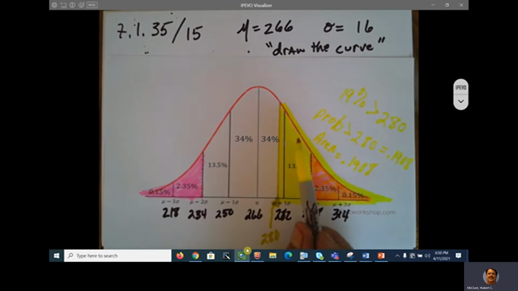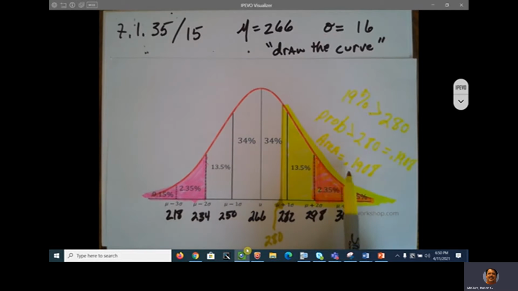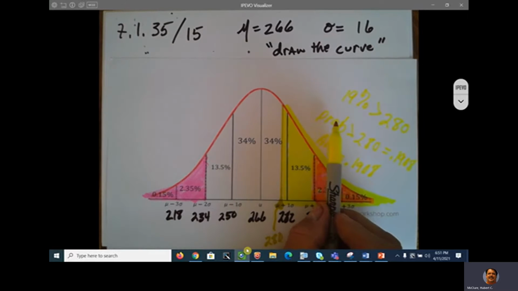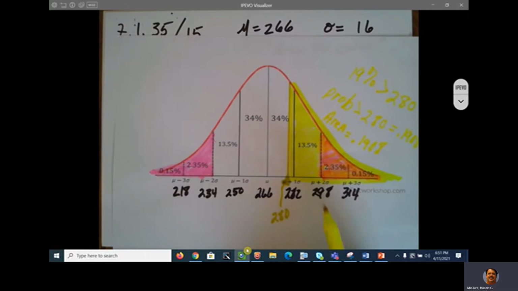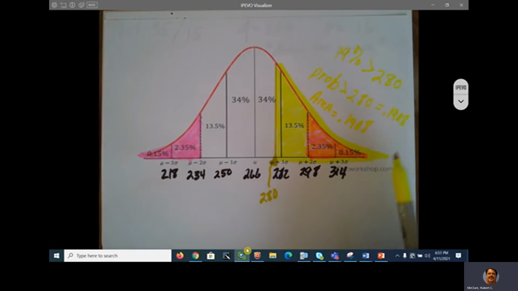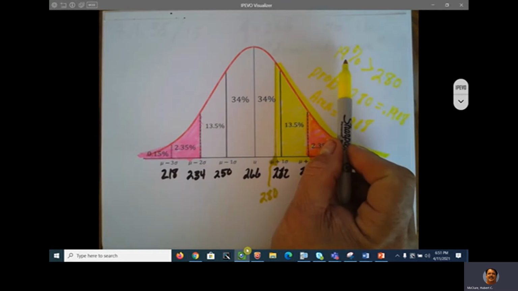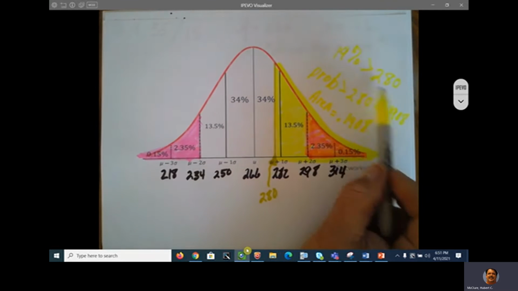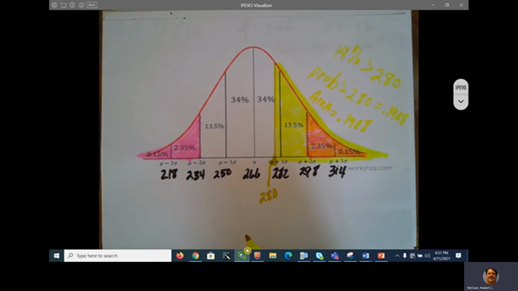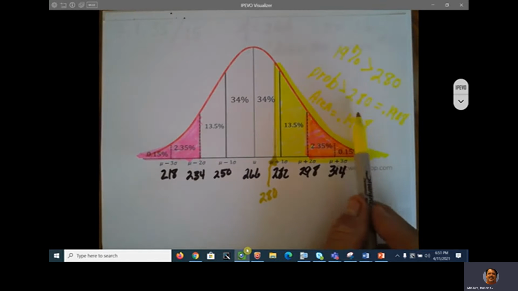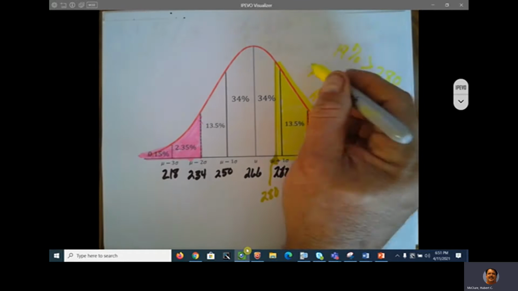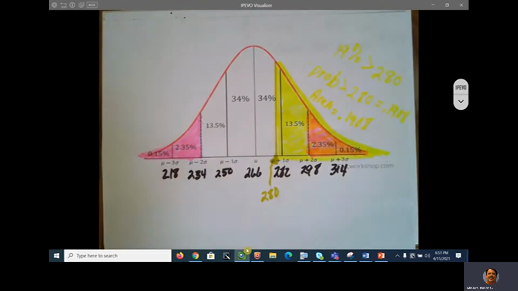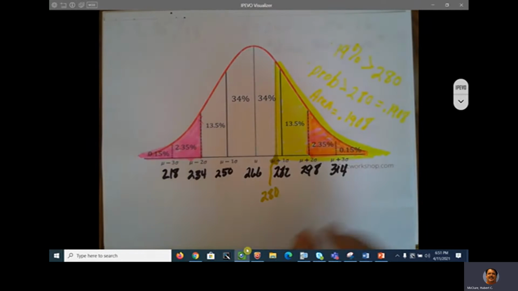The area in this yellow area is 0.1908. The probability that the score is going to be above 280 is equal to 0.1908 or 0.19. And then there's a 19% chance that your score is going to be above 280. So that just shows you how the three can be compared to each other. It either asks for the area, it asks for the probability, or it asks for the percent. They're all three the same thing.